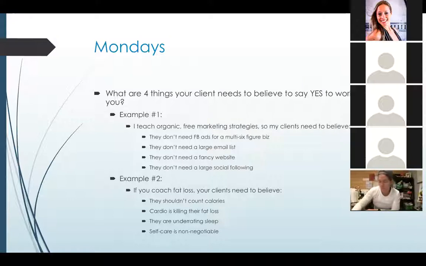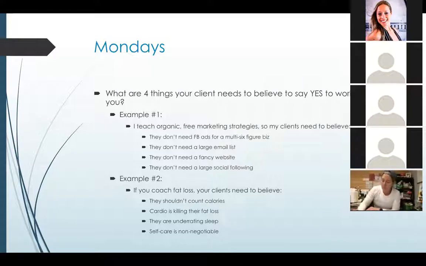So let me go through some examples. I mentioned earlier in the fitness marketing space, a lot of what you guys are probably being targeted with are companies who run some type of Facebook ad campaign for growth, right? Well, I teach organic and free marketing strategies. So in order for that to work, my soulmate clients and prospects need to believe that they don't need Facebook ads for a multi-6-figure business.